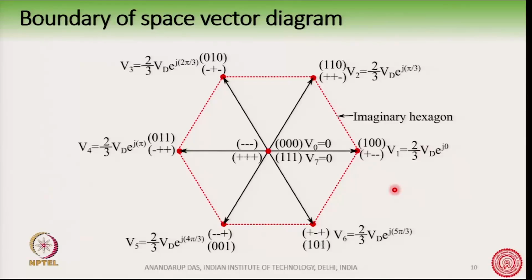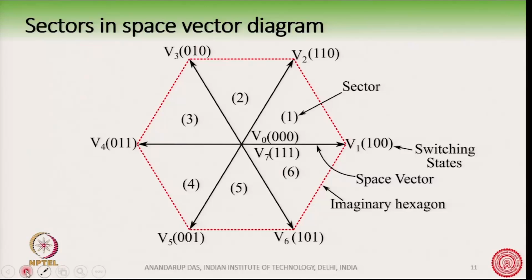With this imaginary hexagon and the vectors which we have drawn here, we can see that the whole space vector diagram, which is actually a regular hexagon, is divided into 6 sectors, sector 1, 2, 3, 4, 5, 6.